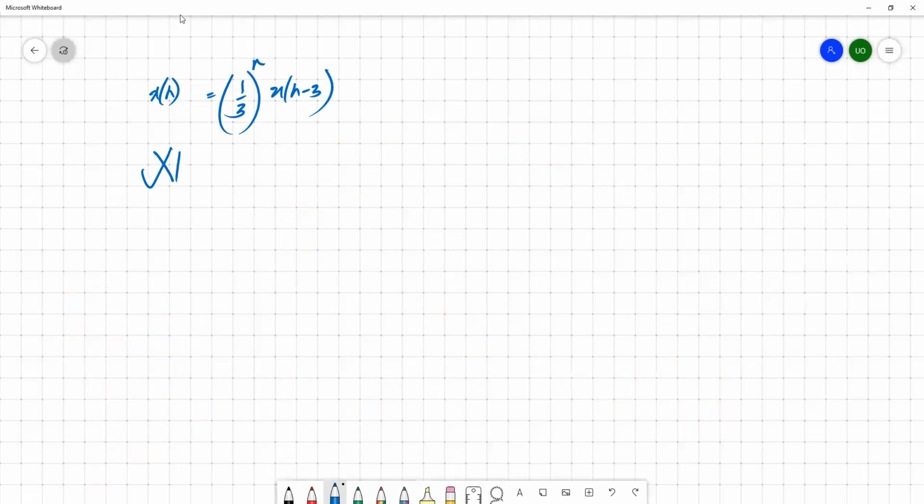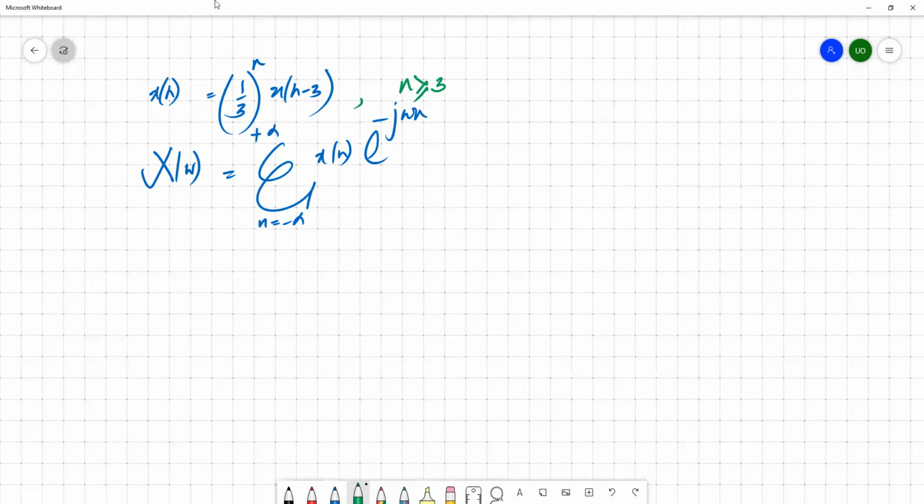If you take the definition of X(omega), and clearly observe that this is basically defined for n greater than or equal to 3, then you can simplify the summation to this one.